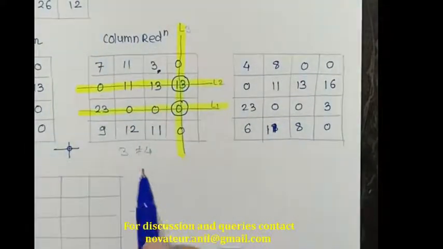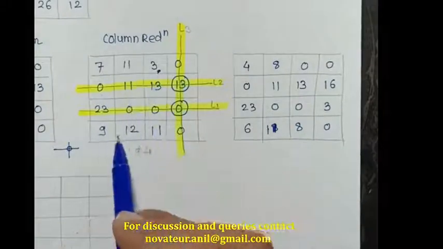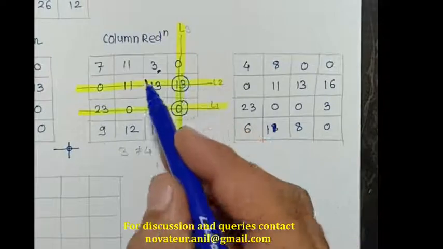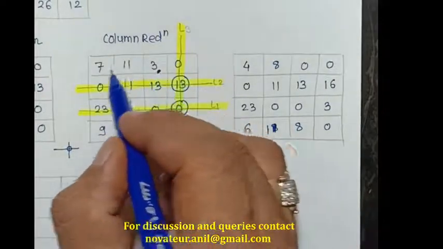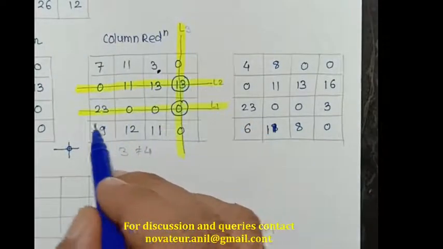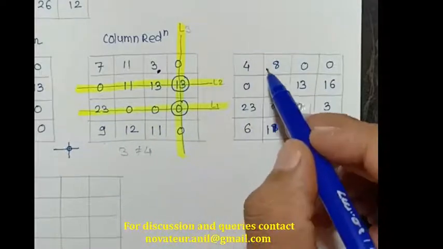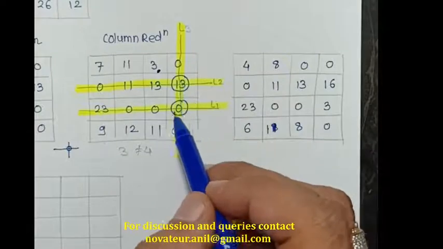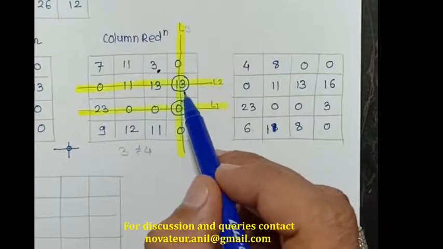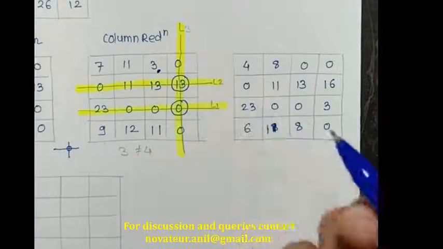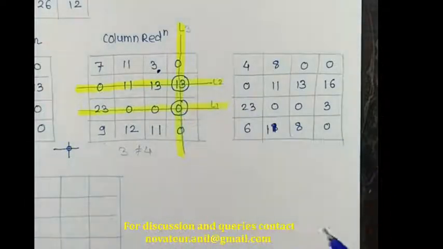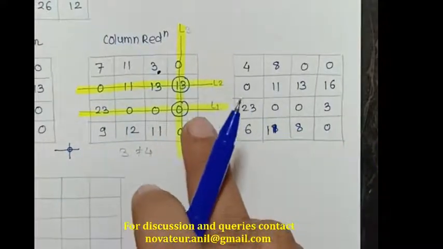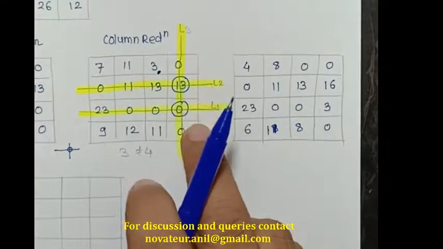All the non-covered elements, that is 7, 11, 3, 9, 12, 11: I have to identify the smallest element out of these, that is 3, and subtract it from the non-covered elements that are not covered by the yellow line. So this is what I have done. Then the cross section points are to be added with that smallest number. Here you might get one cross section, you may get two, you may get many cross sections. Whatever cross sections are there, you need to add that number to them.